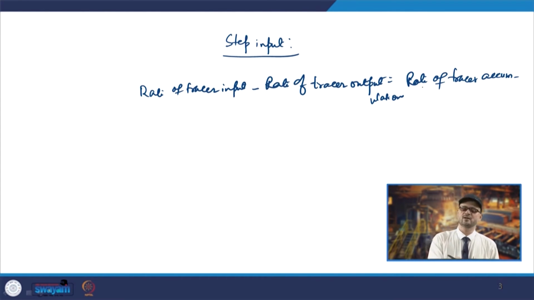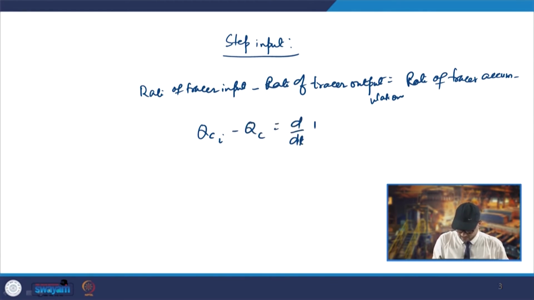So, here also this is the conservation principle. Rate of tracer input minus rate of tracer output will be rate of tracer accumulation. Now, in this case you will have Q C I minus Q C, that will be d by dt of V c. That is the conservation principle. This will lead to this value.